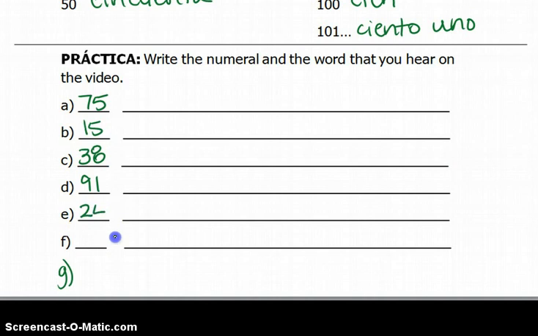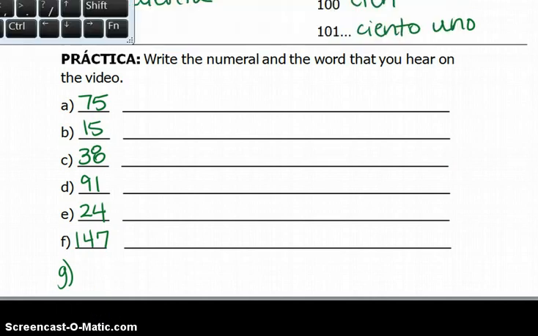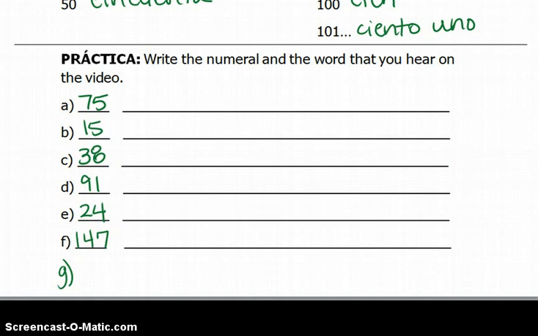E, 24. F, 147. And for G, can you write, let me see, can you write 46 this way?